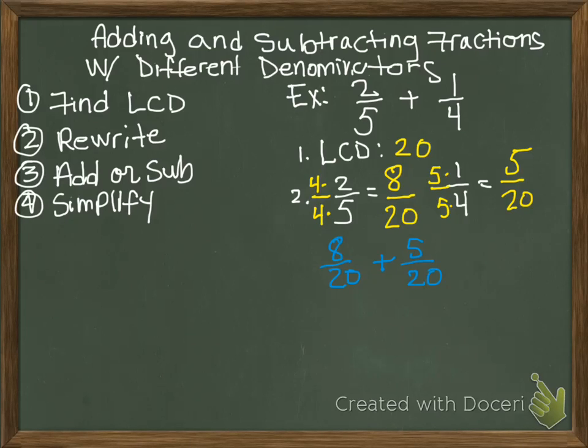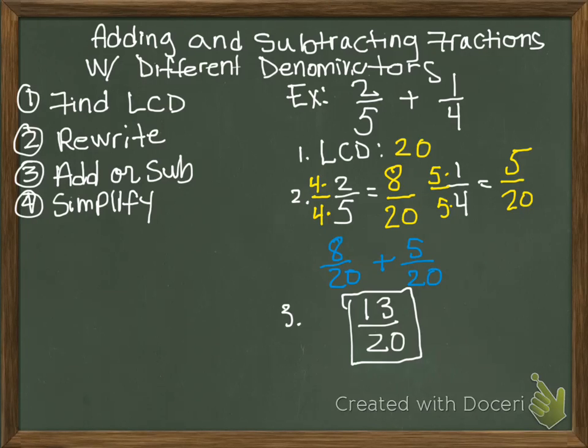So 8 over 20 plus 5 over 20, we can simply add the numerators together, and 8 plus 5 is 13 over 20. And since 13 over 20 is a fraction that cannot be reduced or simplified, then that is our final solution.